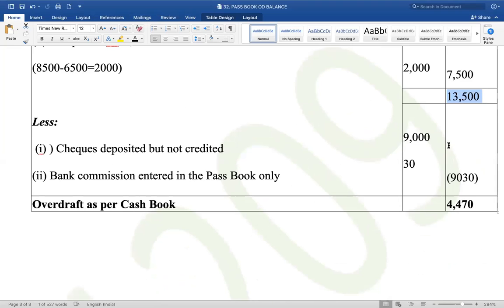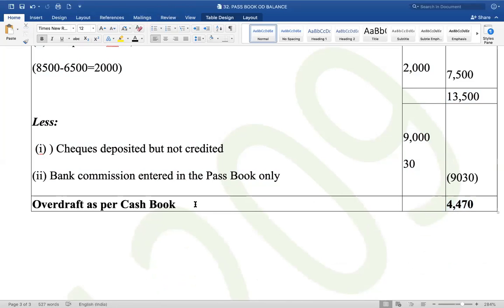And less items: 9,000 and 30, 9,030 is the less items. So remove this 9,030 from 13,500. You will get 4,470. What is this? Overdraft as per cash book.